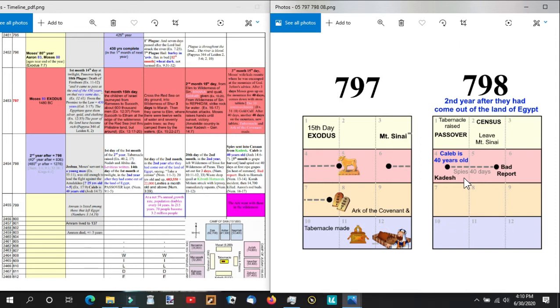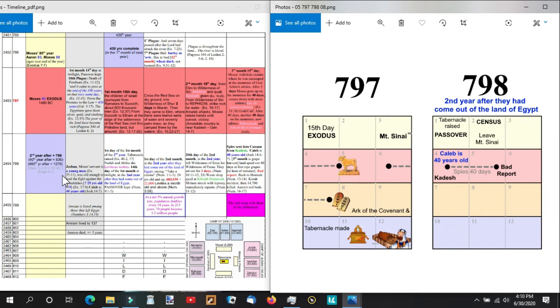Likewise, with the second year after the children of Israel came out of Egypt being anchored to the timeline, we are able to precisely identify both the 40th year after and the 480th year after they came out of Egypt when the scriptures use those terms.